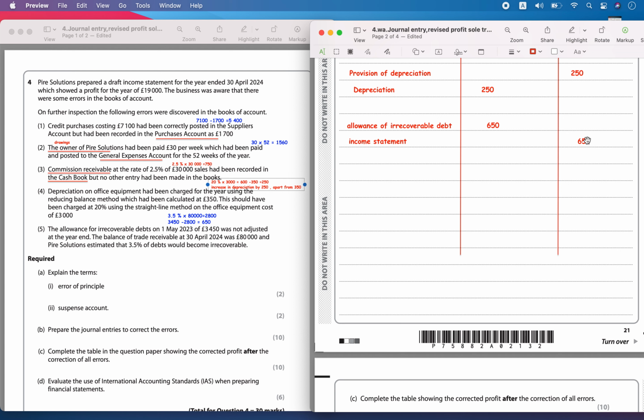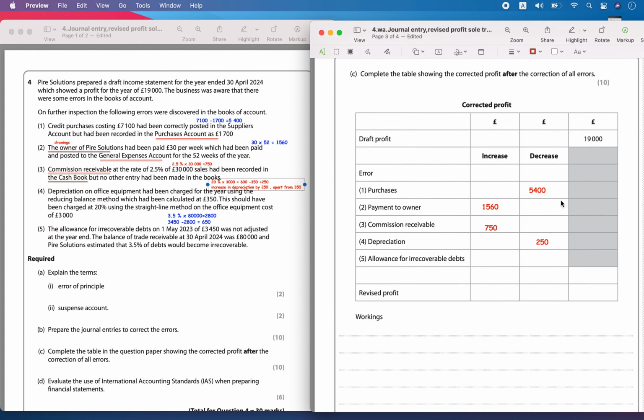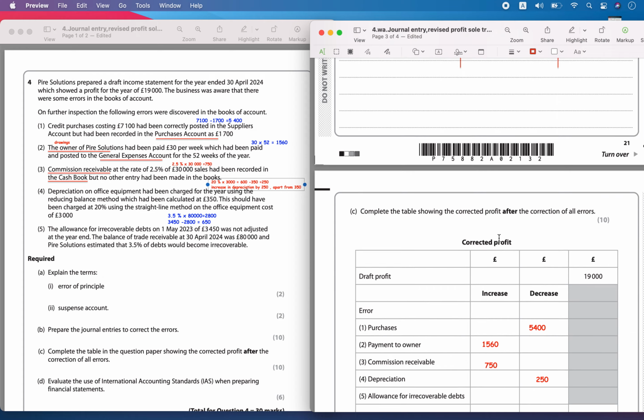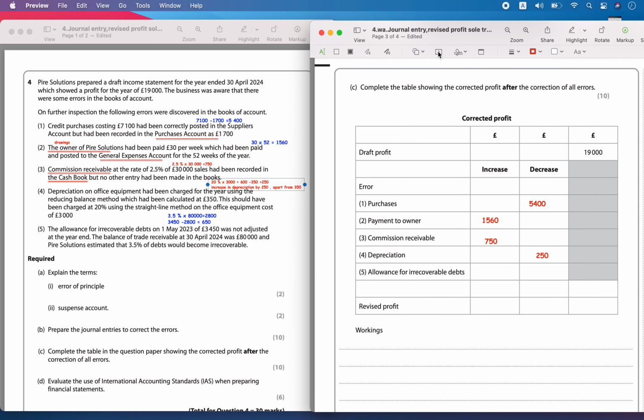This had appeared in the income statement. I have to transfer it to this one. So allowance for irrecoverable debt had become income. It's 650, it will increase the profit, so you transfer it here.